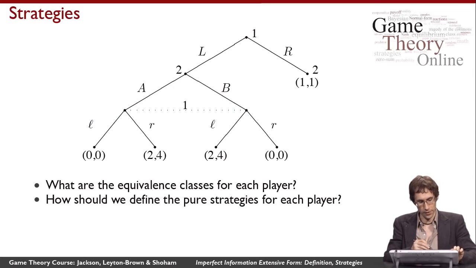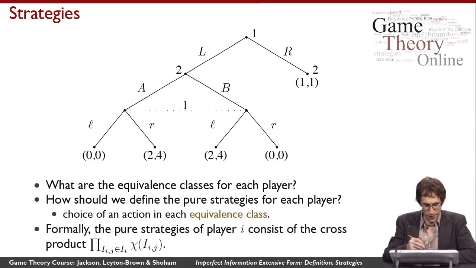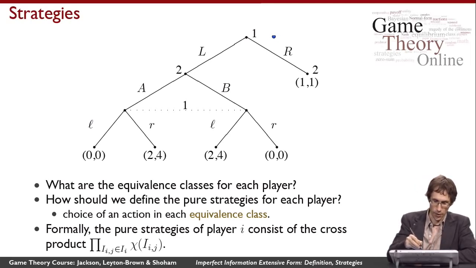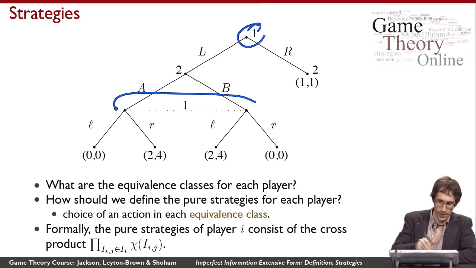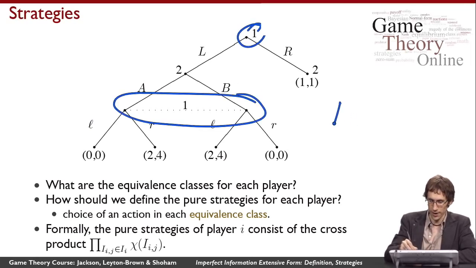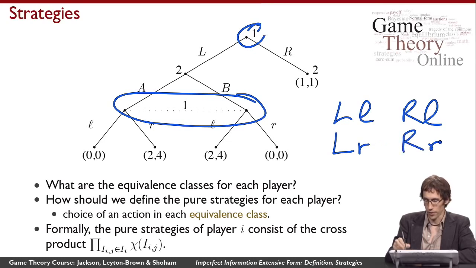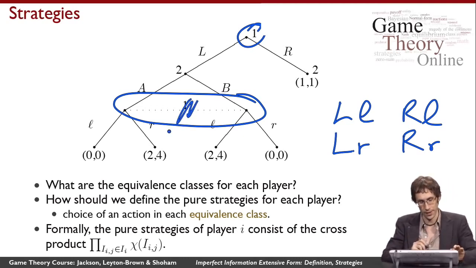So instead, what we're going to use as a definition is that the pure strategies for player i are the cross product of the action sets in every different equivalence class that he has. And so player 1's pure strategies here are going to be a choice here and independently a choice here. So player 1 could take the action LL, or he could take the action RL, or he could take the action LR, or RR. So player 1 here has 4 different pure strategies rather than 8 as he would have if we didn't have this equivalence class here.